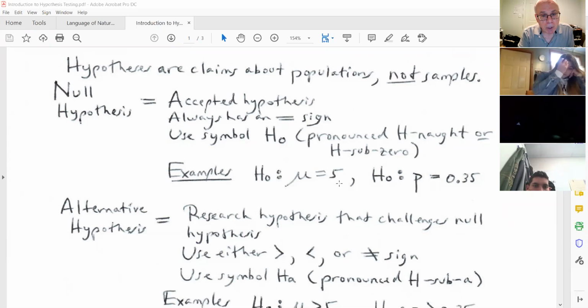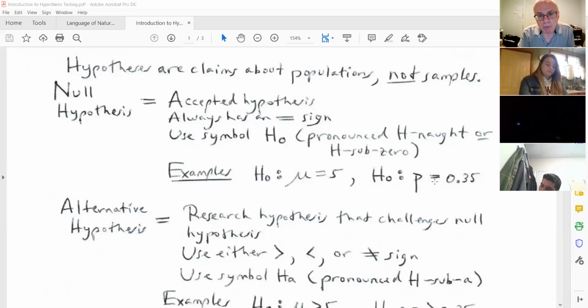And if it's a proportion, with p as the symbol for the hypothesized population proportion, you would have H naught colon, and then maybe p is equal to 0.35. Now these values I'm just picking out of the air. They're just examples of how to write these things. So it's either going to be written this way or this way.